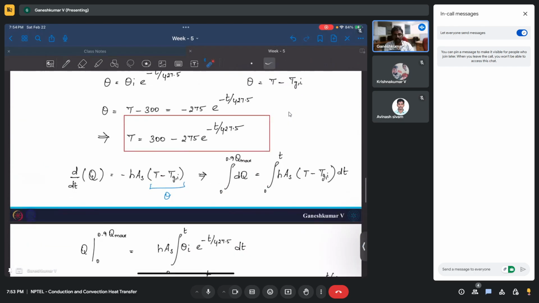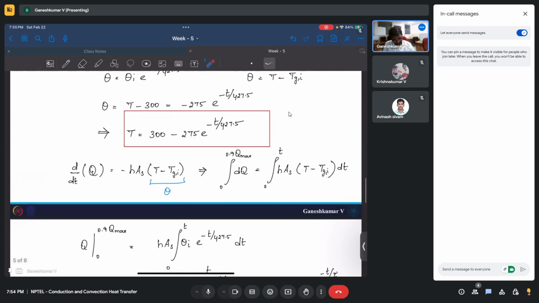Which is 272.5. If that is the temperature that we want to reach, then what would be the time? If you find out, that will be close to 90% of the maximum heat.